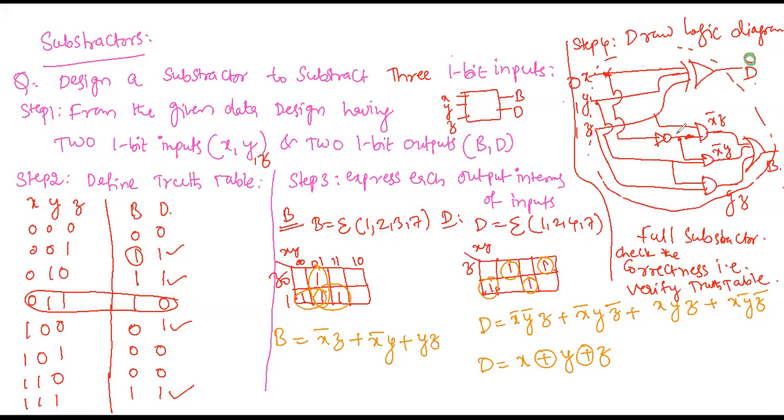Next, x is 0, so x bar is 1. x bar is 1, z is 1, so you will get 1 here. x bar is 1, y is 1, you will get 1 here. y z, you will get 1 here. So 1, 1, 1, you get 1. So 0, 1: borrow is 1, difference is 0. So the circuit is correct. In this way, you have to verify the correctness of the design.